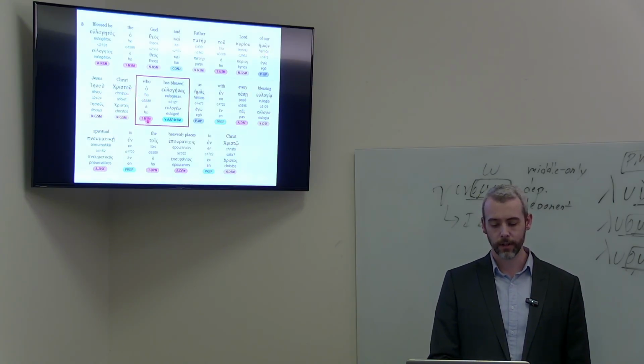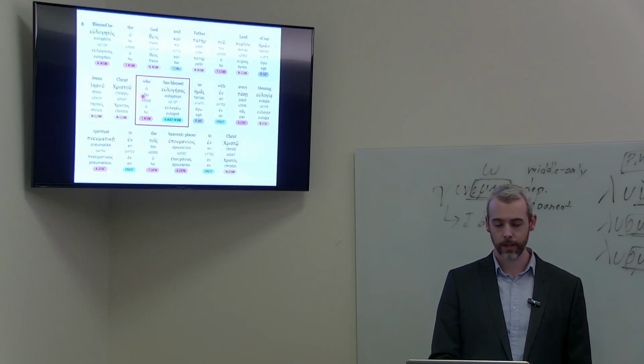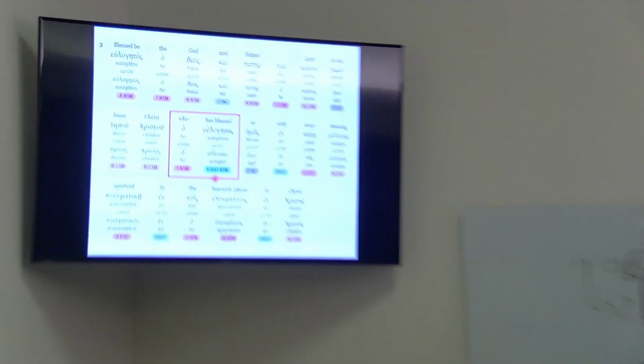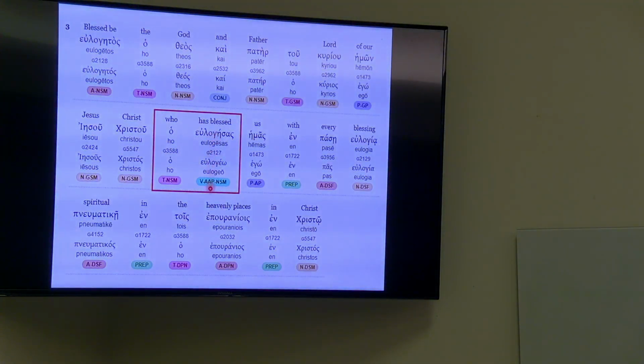Then we have the article the. So the, or we could translate it who. And then we have this verb here. Verb, aorist, active, participle, nominative, masculine, singular. Now, so nominative, masculine, singular. Here's what I want us to note first.